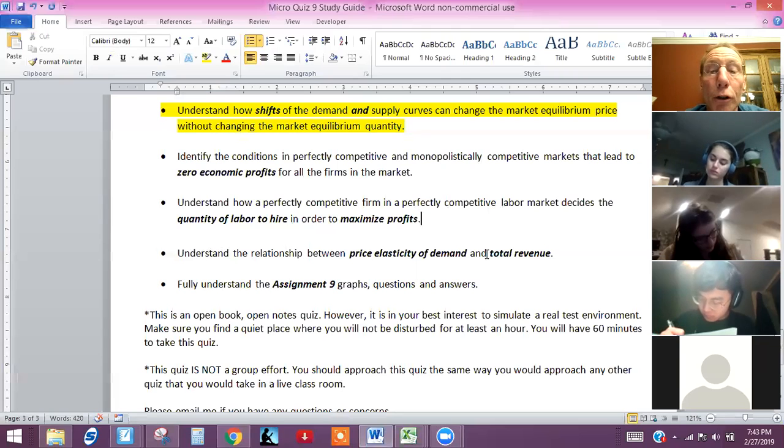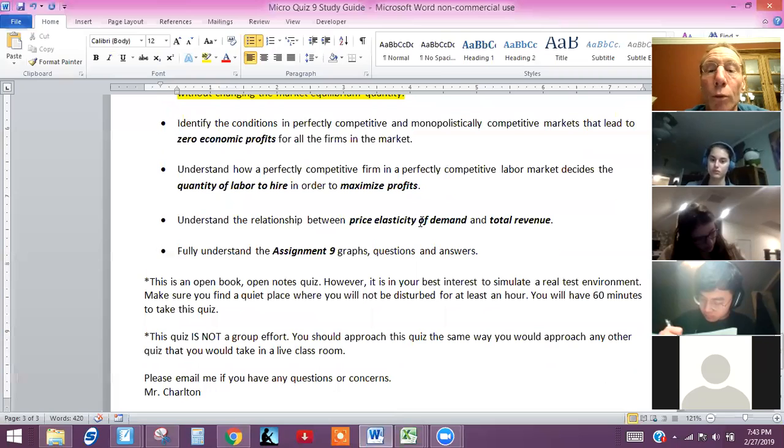And this, we just talked about this, didn't we? When the price elasticity of demand is elastic, then as the price goes up, your total revenue goes down. If it's inelastic, if you bring the price up, then your total revenue is going to increase.